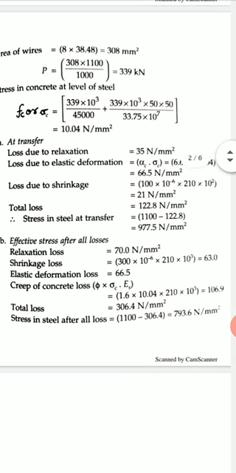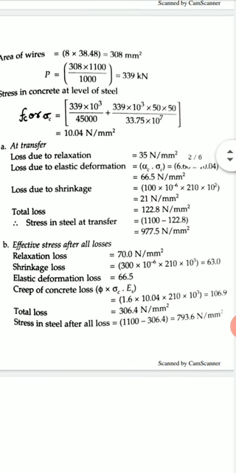Now here they have given the creep coefficient as 1.6. So this we have to multiply by fc or sigma c, which is the stress in concrete at the level of steel, into modulus of elasticity of steel. So here, as the creep coefficient was given, we are using that relationship to obtain the losses due to creep, which come out to be 106.9.